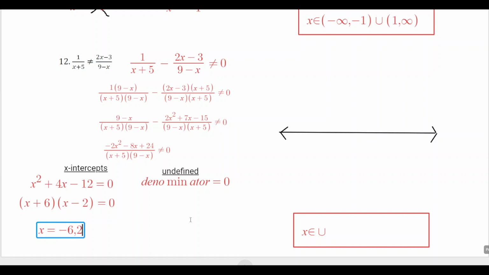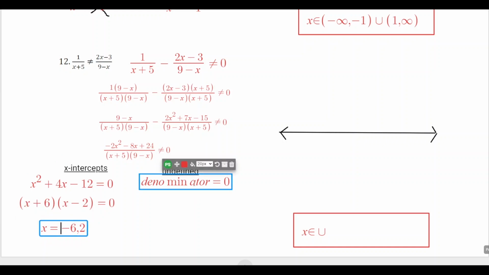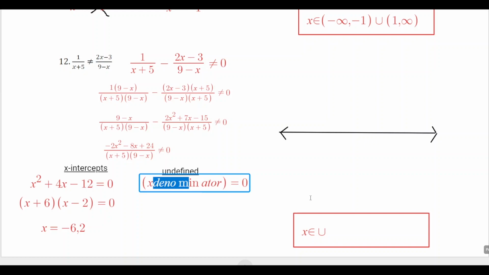So these are going to be where the function's equal to 0. We want to know where is it not equal to 0. So actually, now that I'm thinking about it, well, it's definitely not equal. Yeah, over here, it's going to be undefined, but it's not going to be equal to 0. So I think that's going to be a true statement. So I don't think we even need these values.